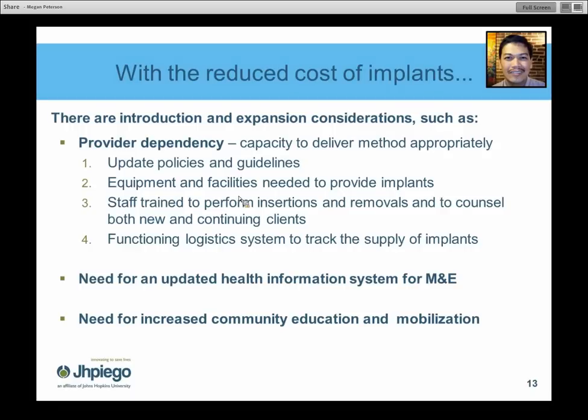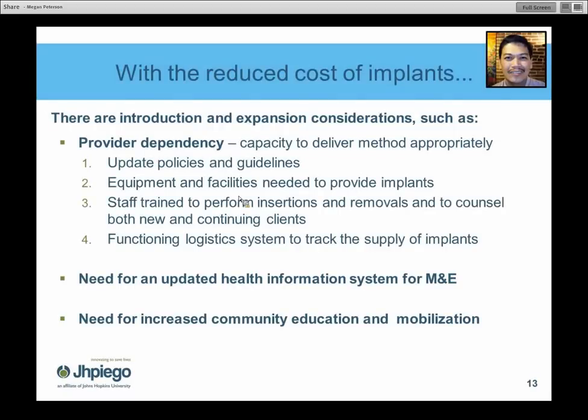One of the critical parts of delivering services is, of course, the ability to provide counseling that allows clients to make a decision about what they want to use for contraception. And once we've set up the environment, we need to make sure that there is a regular and continuous supply of implants so that there are no stockouts.